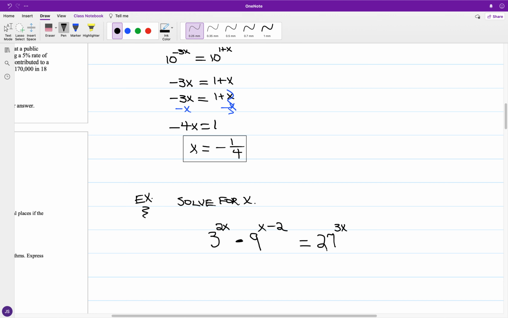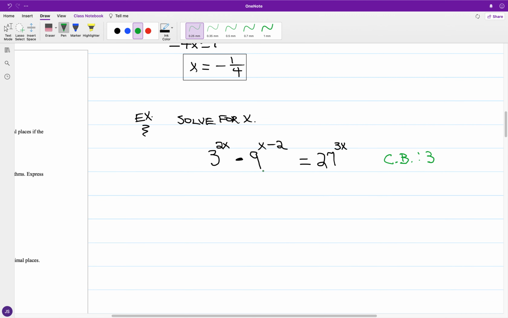raised to the 3x. Okay, and so for what we have here, you got 3, 9, 27, and again we have the common base already appear, and that common base is 3, since 3 will multiply itself into both 9 and 27. And so if I convert the 9 and the 27 in terms of base 3, the leading term we still have at 3 to the 2x.